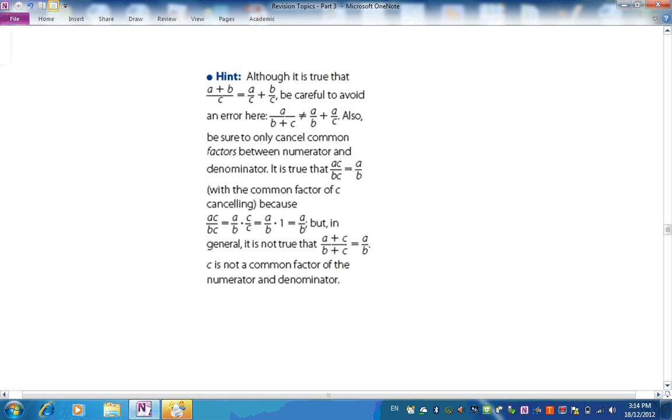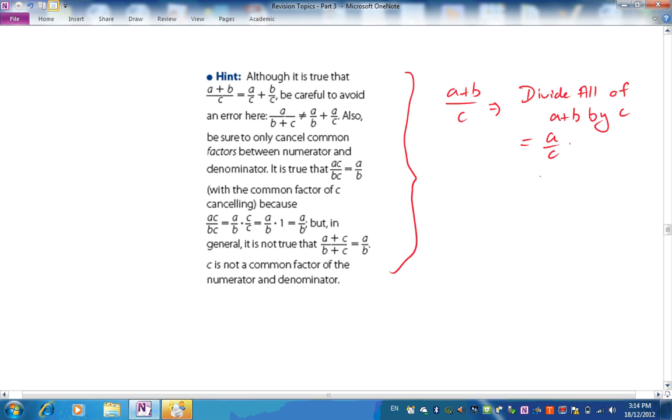Okay, let's have a look at some hints that Pearson's have included in the text, and they're very good ones here. Why is this okay? A plus B over C implies divide all of A plus B by C. So that equals A divided by C plus B divided by C. That's okay.